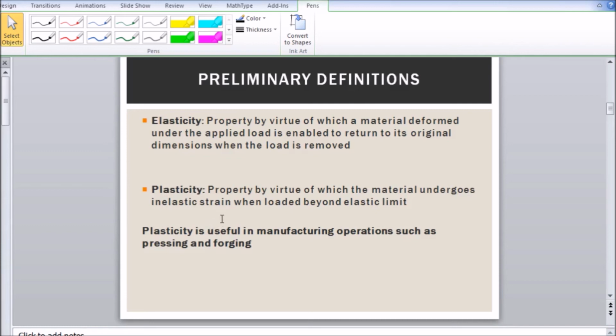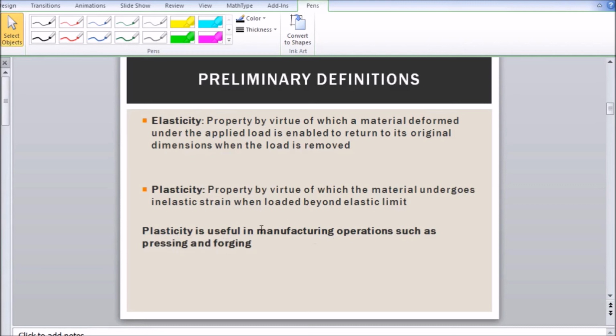But one thing you need to consider is, in manufacturing operations such as pressing and forging, this has a major application in automobile industries. You might know this if you have studied the course on basic manufacturing or workshop technology. In that course you will study what pressing and forging are.